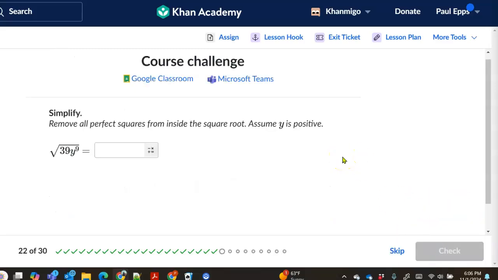Remove all perfect squares from inside the square root. Assume y is positive. Okay. I don't see any perfect squares in the numbers. Now, y to the 8th we can take out.